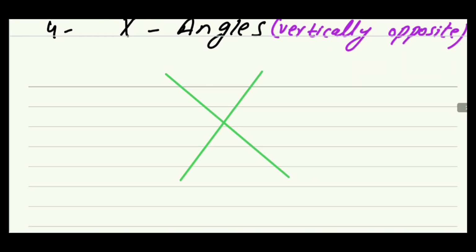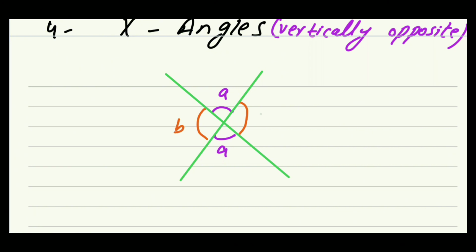They will make an X shape like that. So if two lines are intersecting each other, this angle will be equal to this angle. If this is A, this will also be A, and the other angle will be equal to this angle.